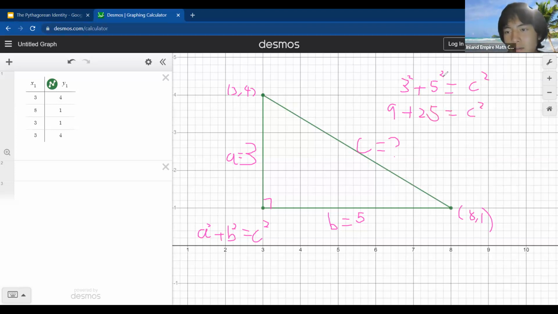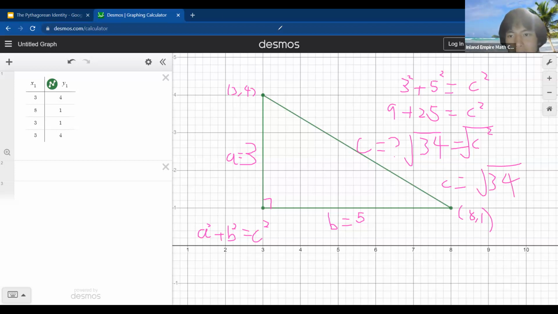That's equal to c squared. If you add these up, you'll see that's 34. But we don't want c squared, we want c. So you just take the square root of both sides and you get c equals root 34. You can just leave it like this because 34 isn't a perfect square.